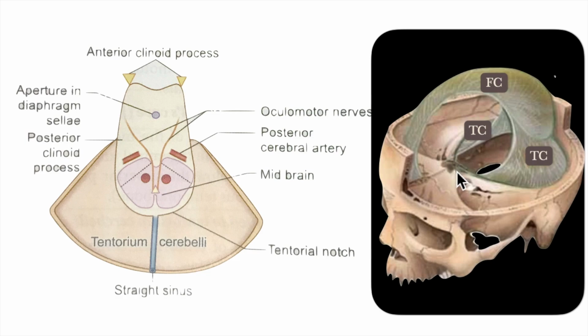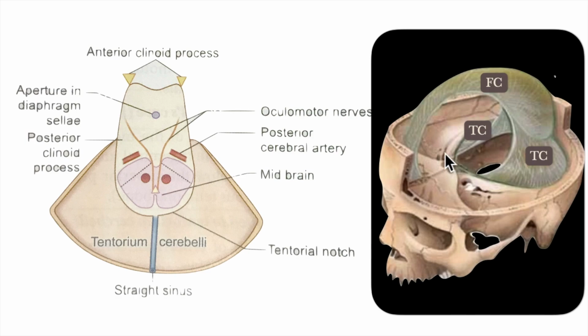This hypophyseal fossa or pituitary fossa is roofed by another fold, otherwise called the diaphragma sellae. It is traversed by one structure, the infundibulum of the pituitary, or pituitary stalk. Anteriorly it is attached to the tuberculum sellae and posteriorly to the dorsum sellae.